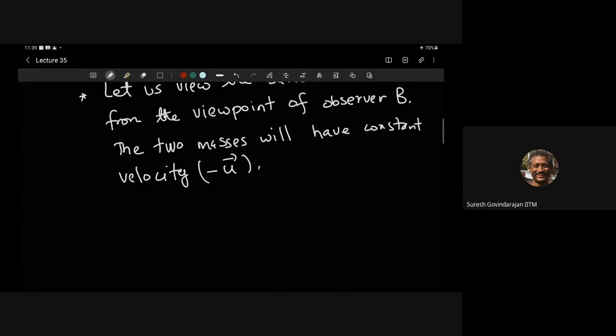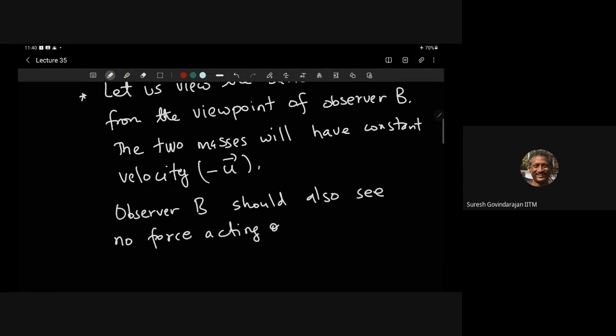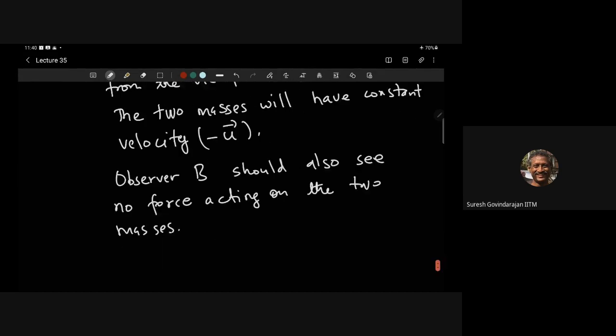So observer B should also see no force. Right? That's what we want. But let's do it naively.